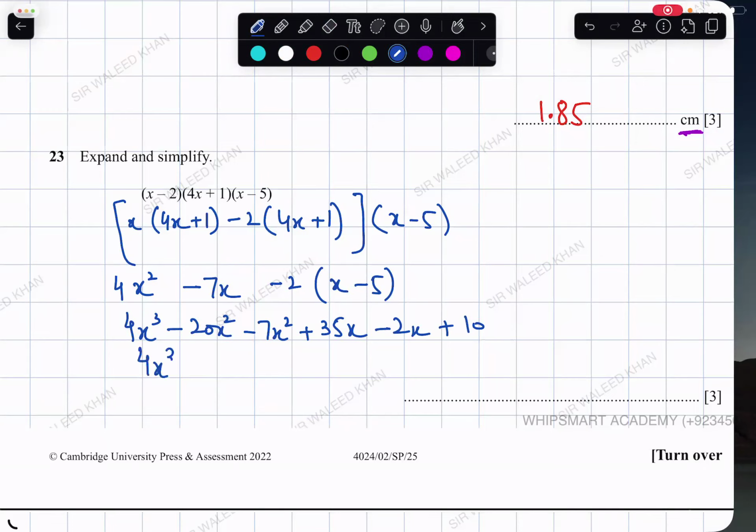Now 4x cubed minus 27x squared plus 33x plus 10. There are a lot of chances you make mistakes rearranging like terms, rearranging variables. Okay, so be careful with that.